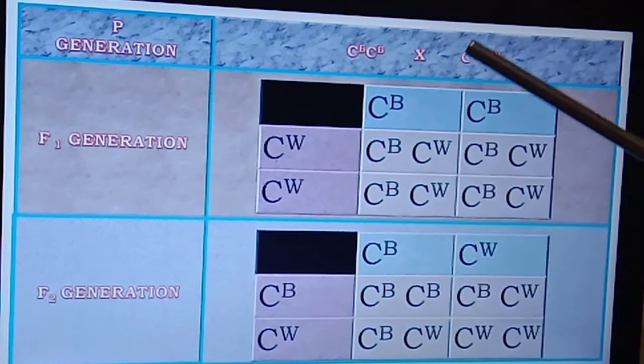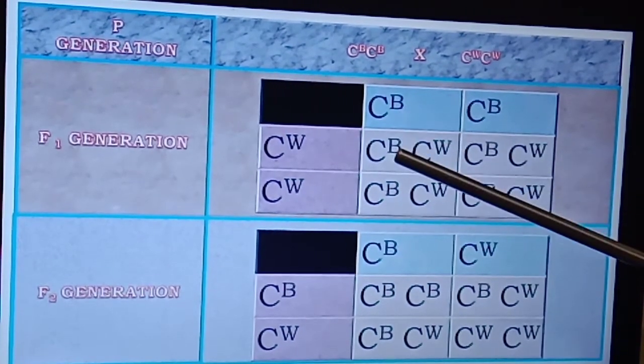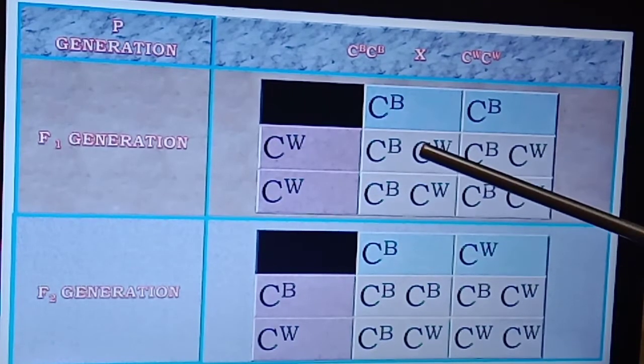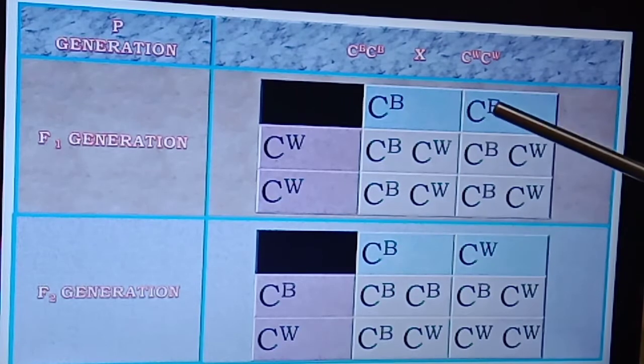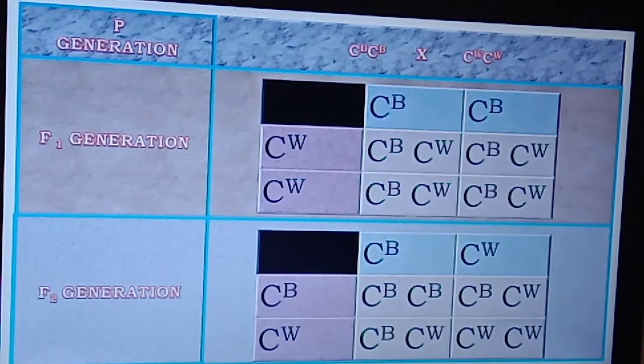So you're just going to bring down here, bring down. If all the blue chickens in the F1 generation are crossed with one another, they will have offspring in the F2 generation.